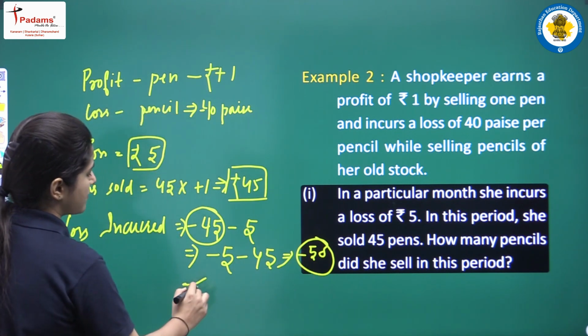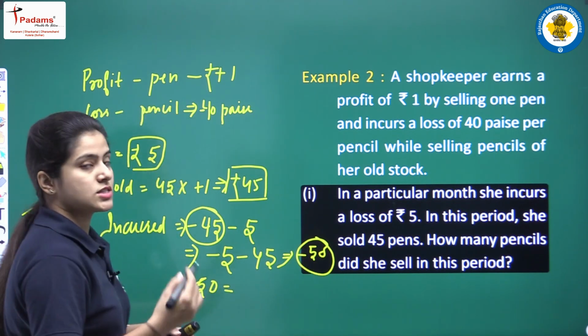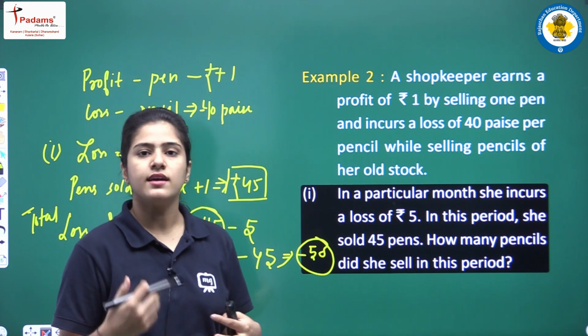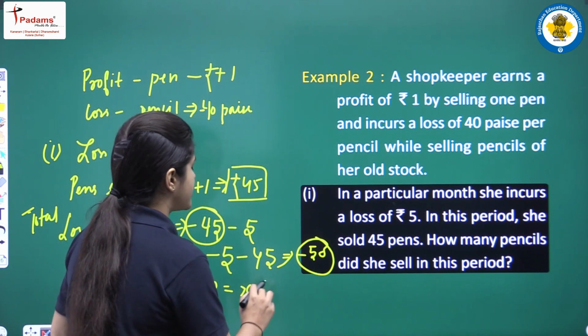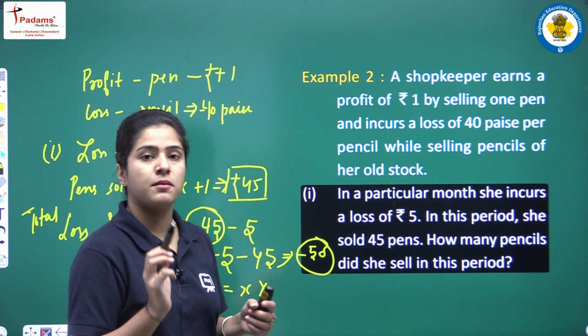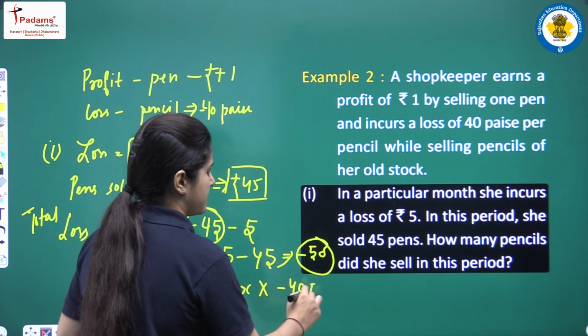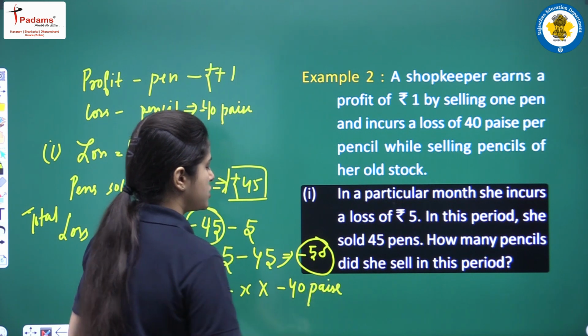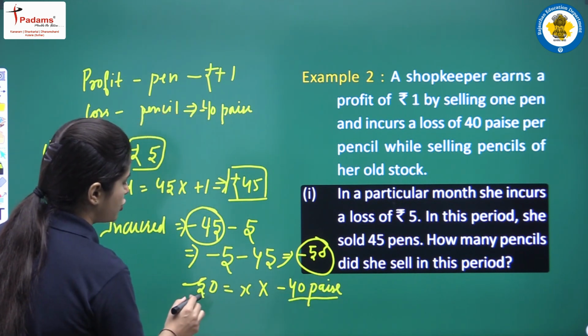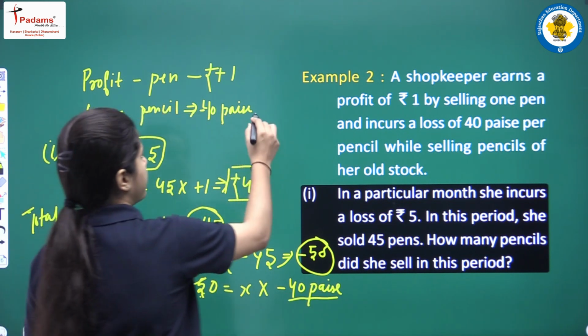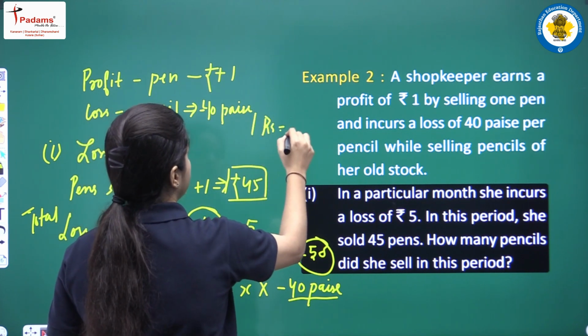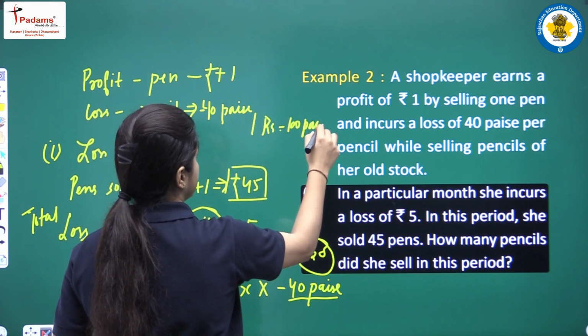And this minus 50 is just due to the selling of pencils, okay? For every x pencil sold, the loss of minus 40 paise. Now students, this is in paise, then this should also be in paise. For every 1 rupee, 100 paise are there, okay?